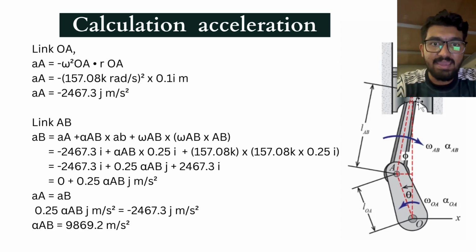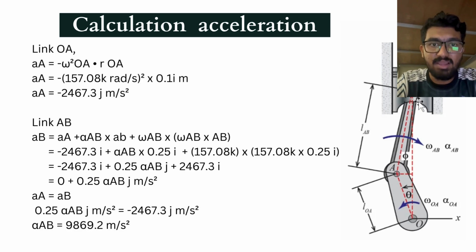For the link AB, it is calculated with the formula acceleration B equals acceleration A plus angular acceleration of AB times AB plus omega AB times omega AB times AB.